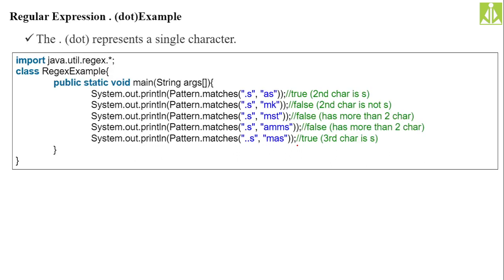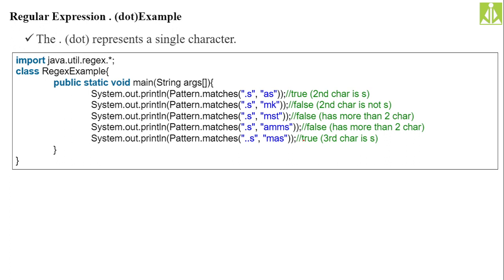So dot represents a single character, so you can perform a lot of operations like I have done over here. What things will return true if our regular expression pattern is dot s? Directly they are invoking the Pattern.matches method, and they are not creating a Matcher object for the matching string, or using the Pattern class compile method to create the regular expression.